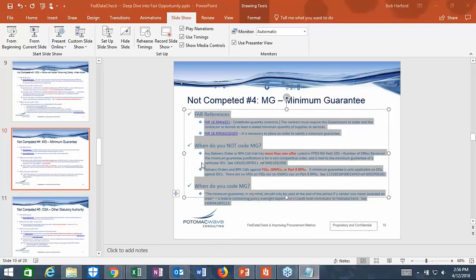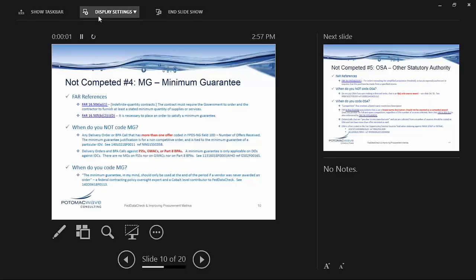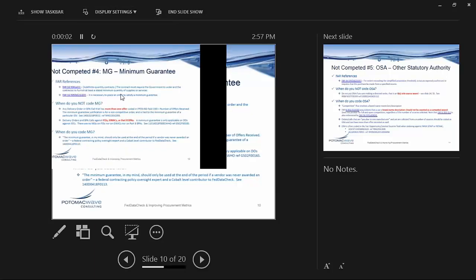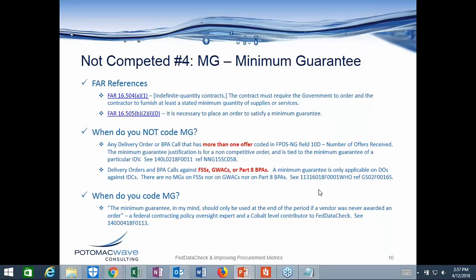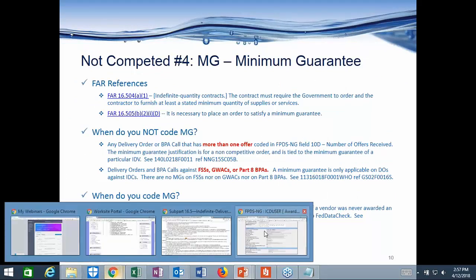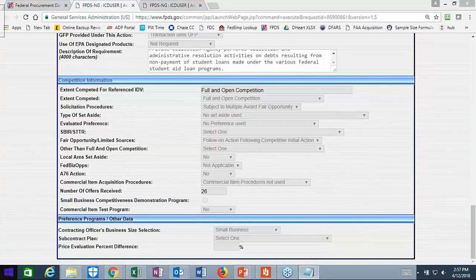Let's go look at that. Should be this one here.